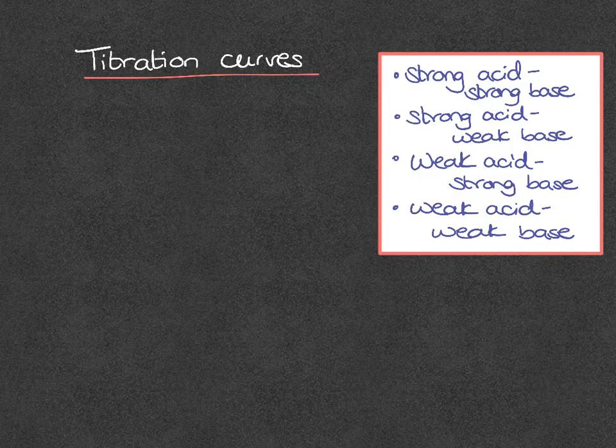So we have to consider titration curves for different combinations of acids and bases, for strong and for weak. Okay, so the shapes are characteristic of the combination.